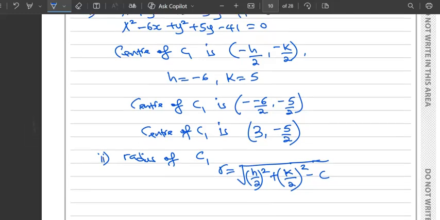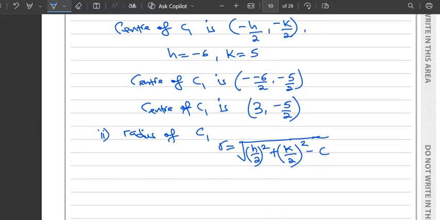On the same note, h equals the coefficient of x, which is negative 6, k equals the coefficient of y, which is 5, and c is the constant, which here is negative 41.